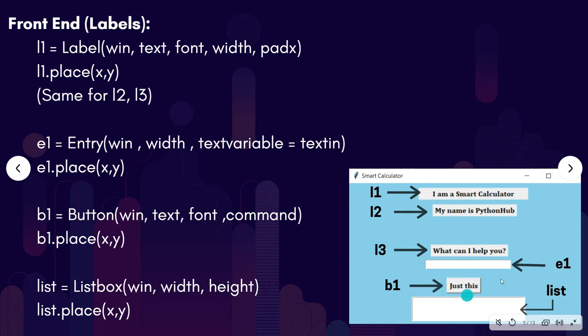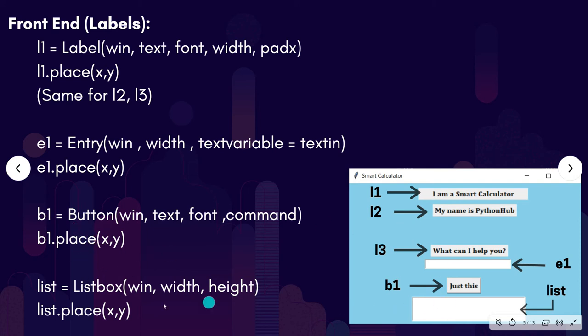And then we have this button here. So we will create this using the Button method as we have already covered. So here we will give window, text, font styling, and then the command which we want to execute when the user clicks on this button. And after creating, we will place this button by giving the xy position.